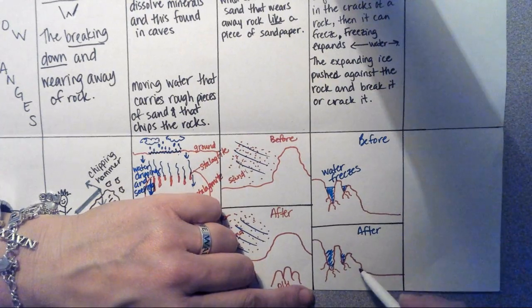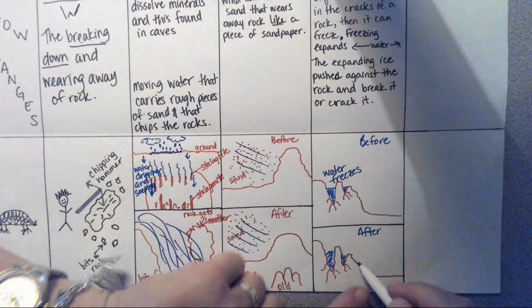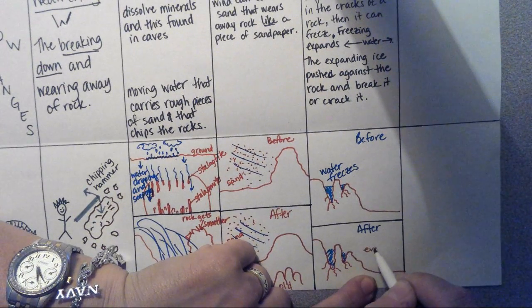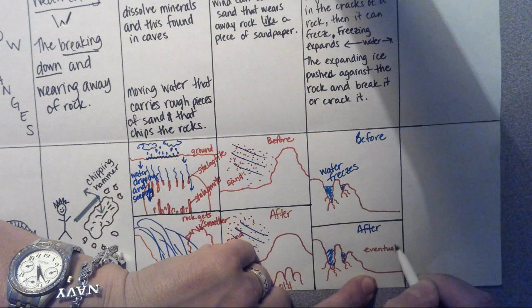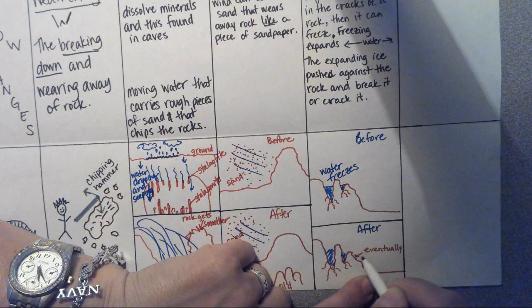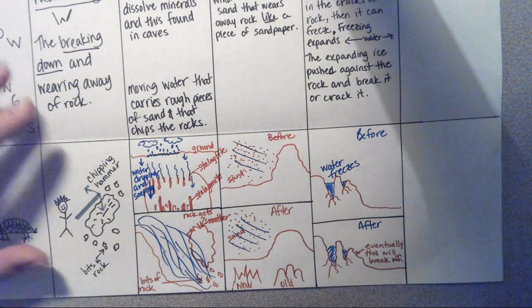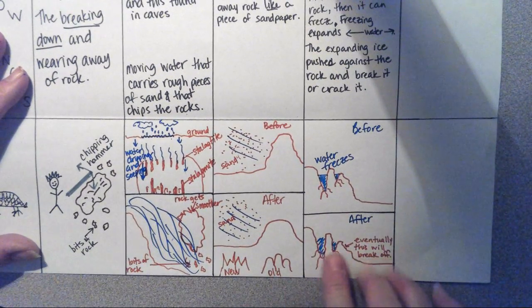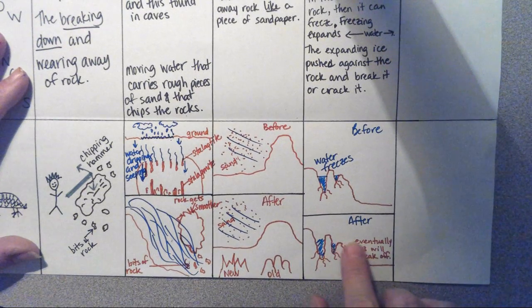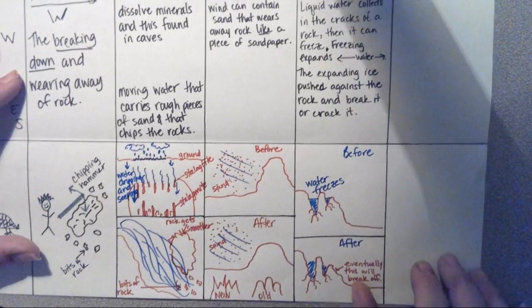And eventually, what's going to happen, this will break off. Eventually, this ice is going to push so hard that this right here is just going to fall off and roll down here. Does that make sense?